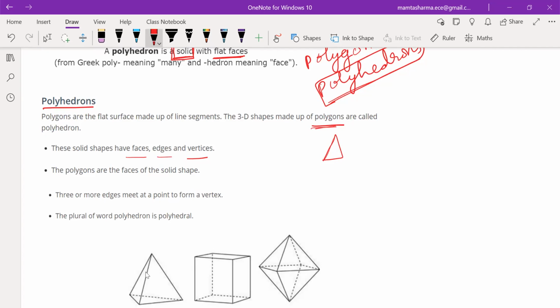Triangle, square and rectangle are all polygons. A pentagon has 5 sides: 1, 2, 3, 4, 5. And a hexagon has 6 sides: 1, 2, 3, 4, 5, 6.